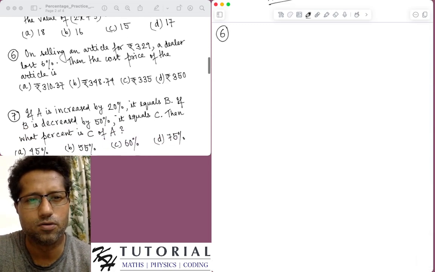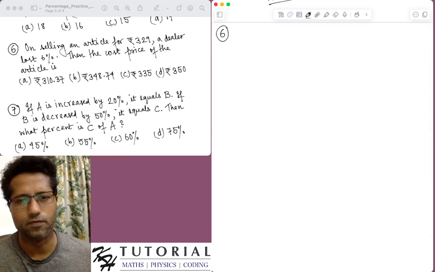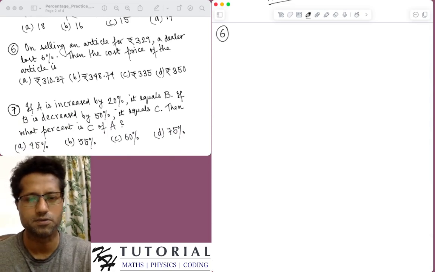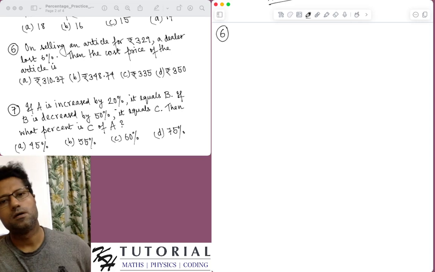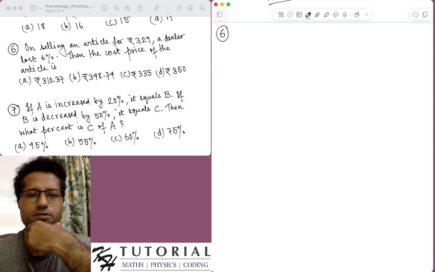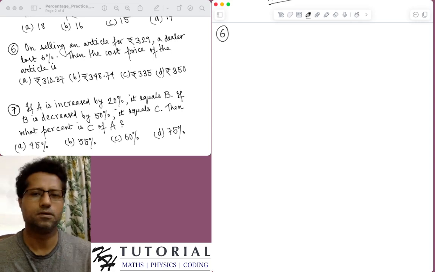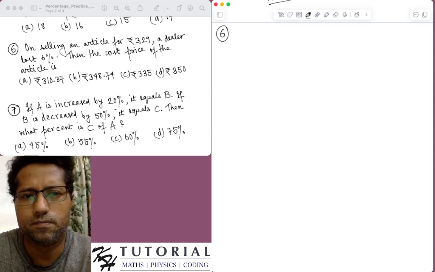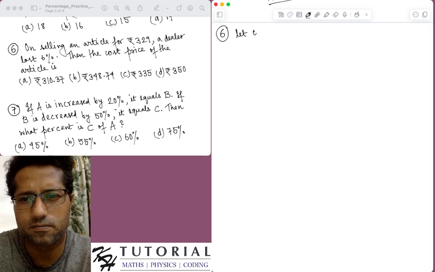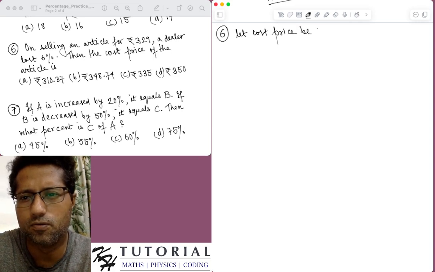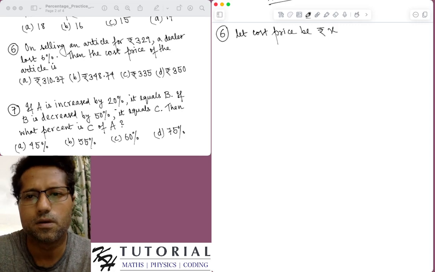It says that on selling an article for rupees 329, a dealer lost 6%. Then the cost price of the article is, okay, so let the cost price be rupees x.